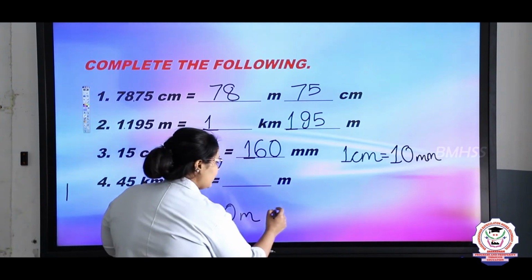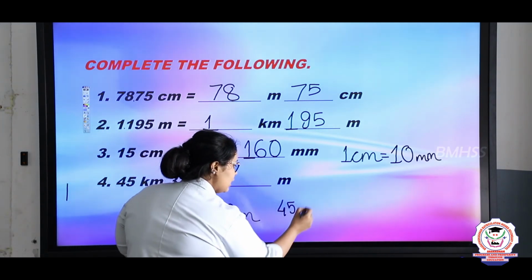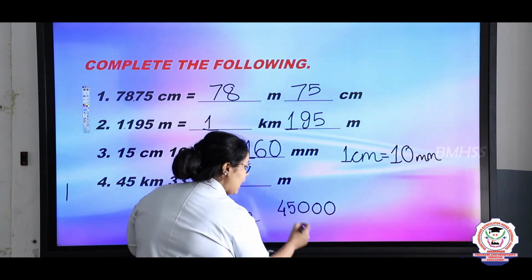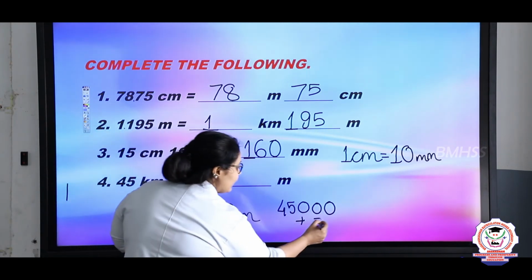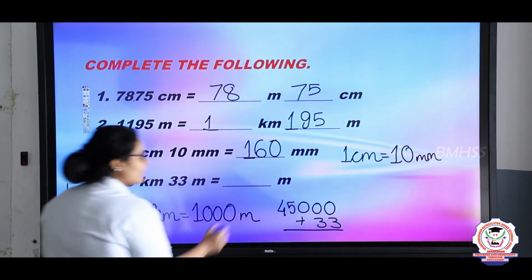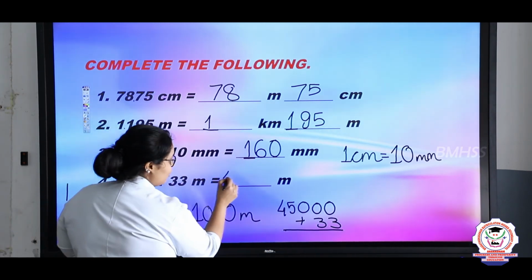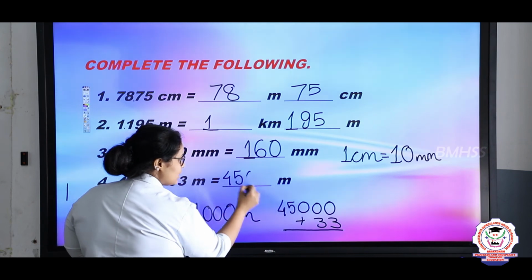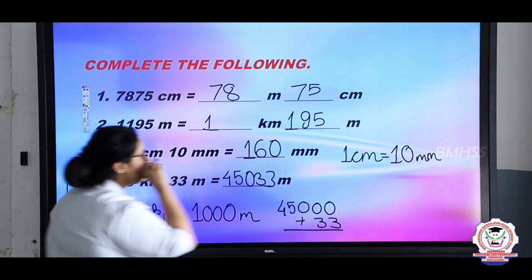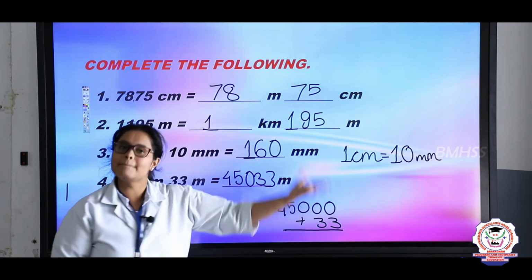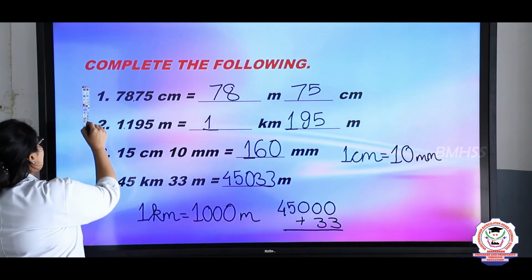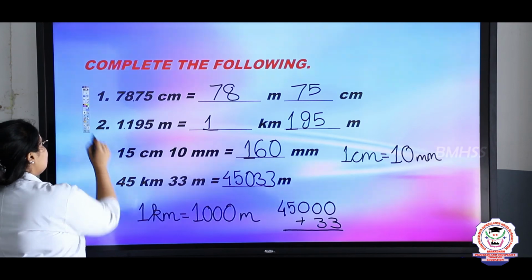So the answer you will get is 45000 plus this 33 meters. When you are adding this, what you will get? I will write the answer directly: 4, 5, 0, 3 and 3. So the final answer is 45,033 meters. Right students?